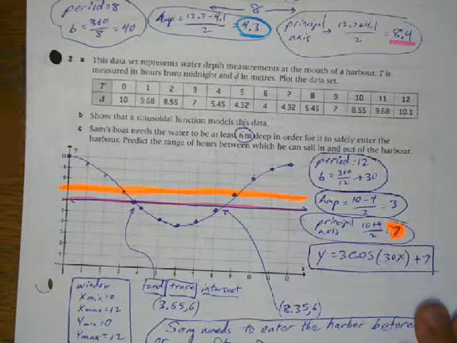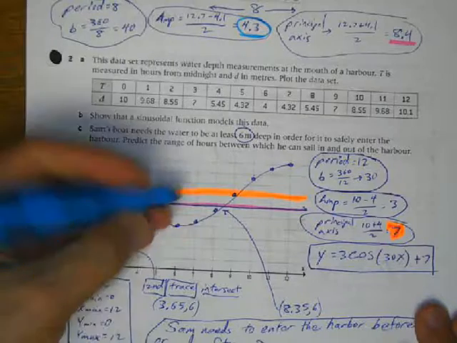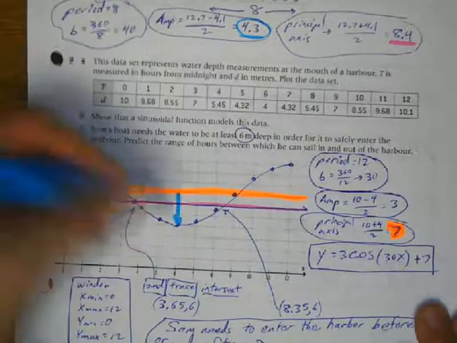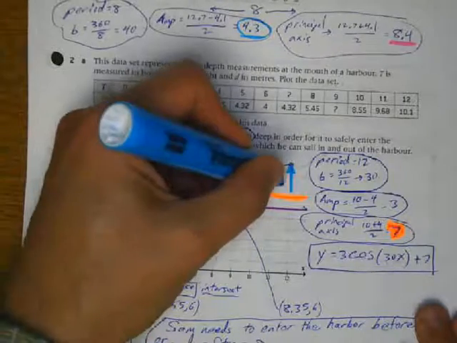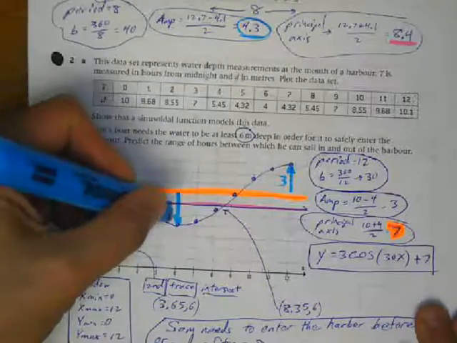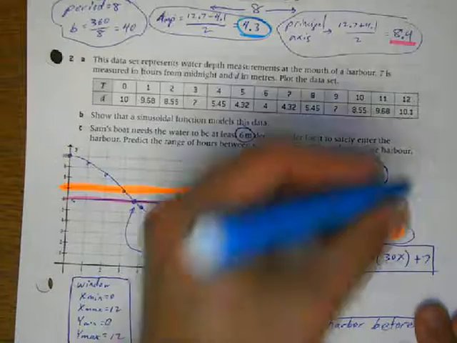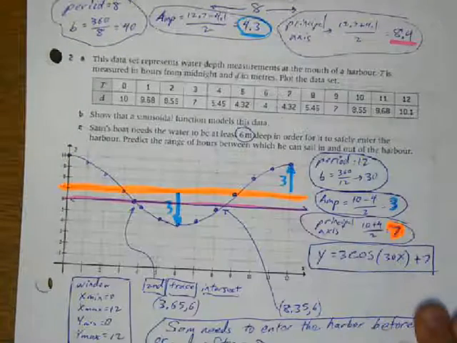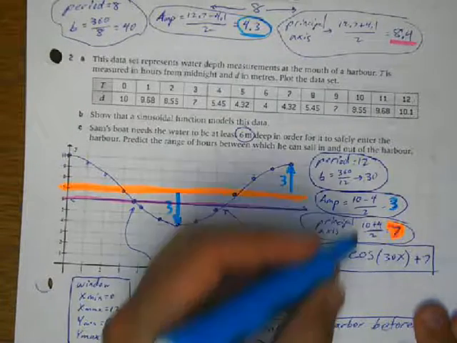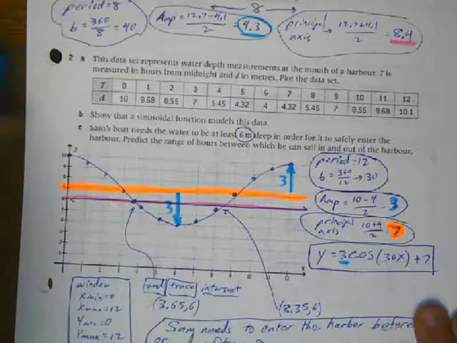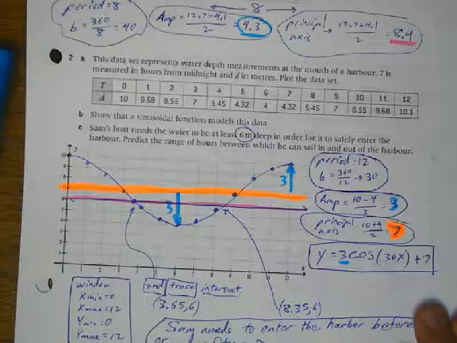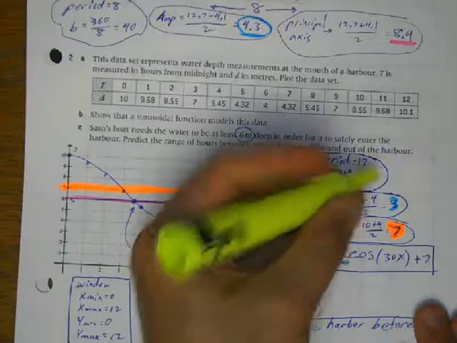And the amplitude is 3. So the distance between the orange line and the minimum, or the orange line and the maximum, is 3. Okay, so my amplitude is 3. And we found the B value here to be 30.